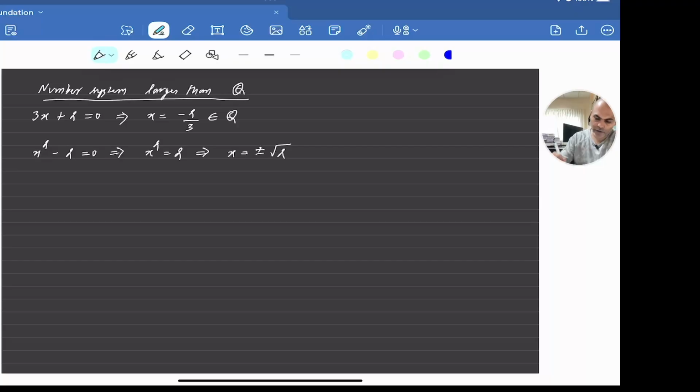So this number that we have, plus minus square root 2, is not a rational number. So square root 2 is an irrational number. Which means that we cannot write it in the z over n form.